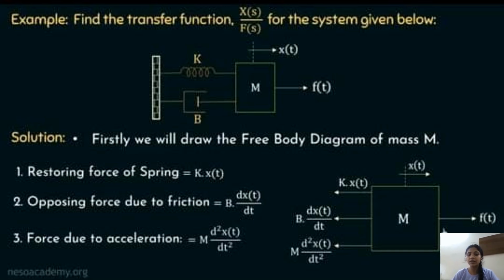Here in this diagram we mainly have the spring constant and the dashpot, and some acceleration, that is mass. These all have some replacement. We will replace those elements in terms of electrical elements. Here K into x of t and B into dx of t divided by dt. Mass is replaced by m into d square x of t divided by dt square.